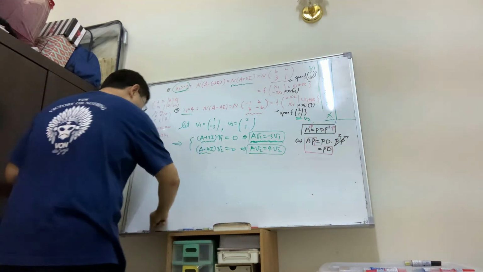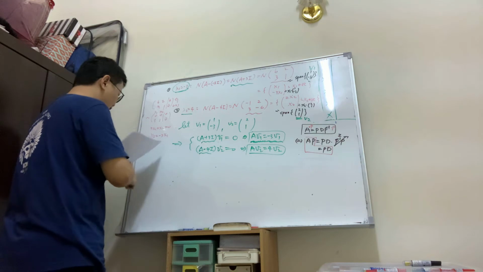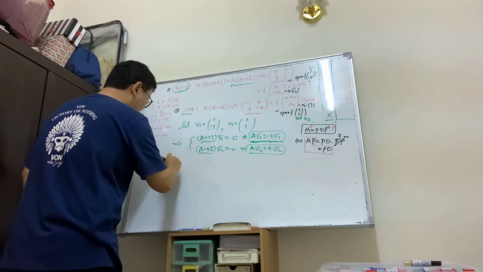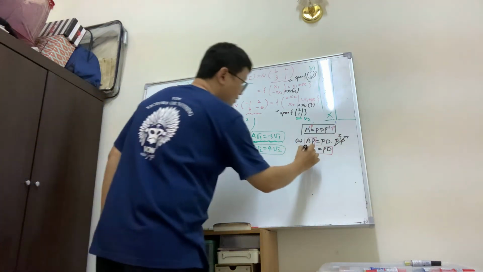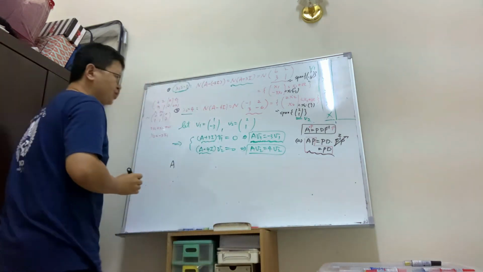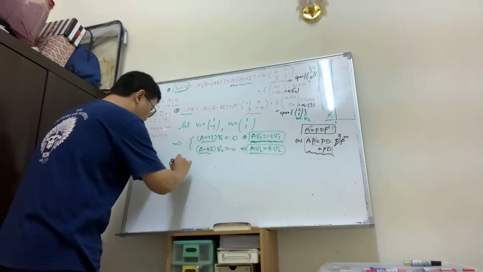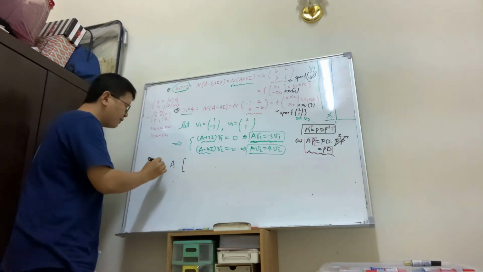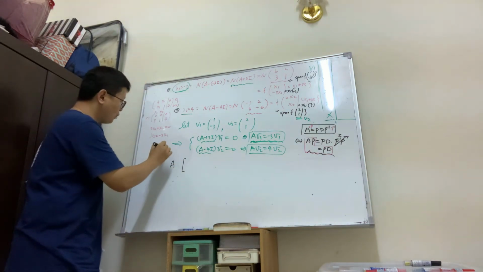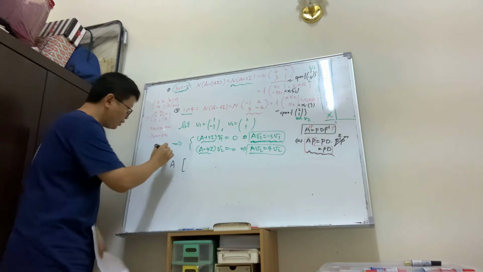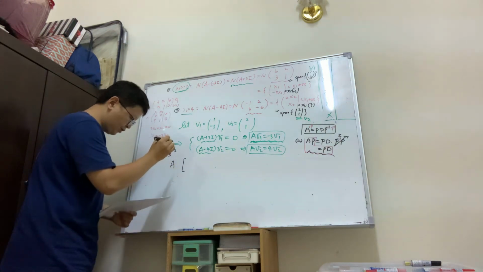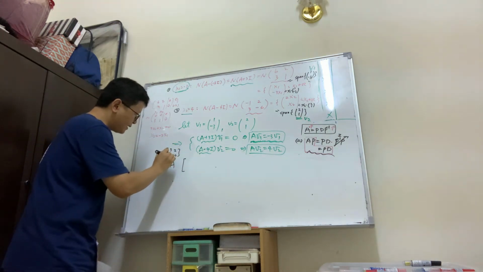Now, what do we have? We have the matrix A, and our goal is to show this one. So what's the matrix P? Here we have a matrix A, and A is this 2 by 2 matrix, 3, 2, 3, negative 2.